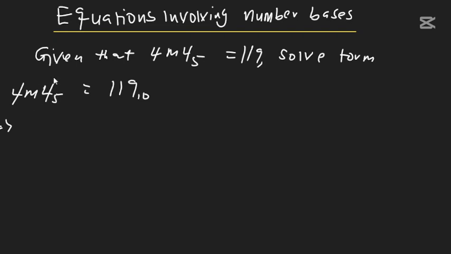And what is the place value? We have ones, tens, hundreds. So we have to expand with the given base, which is 5. So we have 5 exponent 0 is 1, 5 exponent 1 is 5, 5 exponent 2 is 25, in that order.